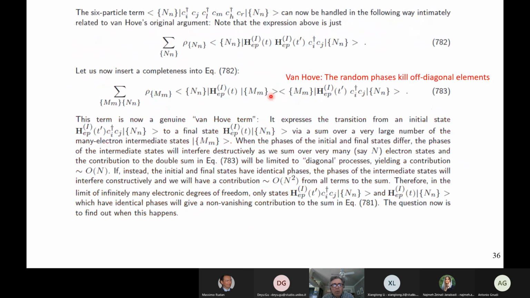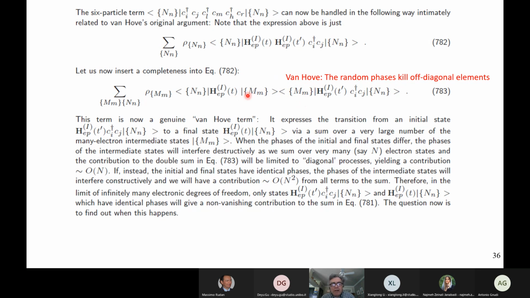Good. What we do, in the standard terminology, the jargon, is we insert a completeness. You remember that the sum over these states, over all the Fock states over here, these are all possible states in Fock space. So this is a complete basis in Hilbert space, Fock space, provided it's a Hilbert space.